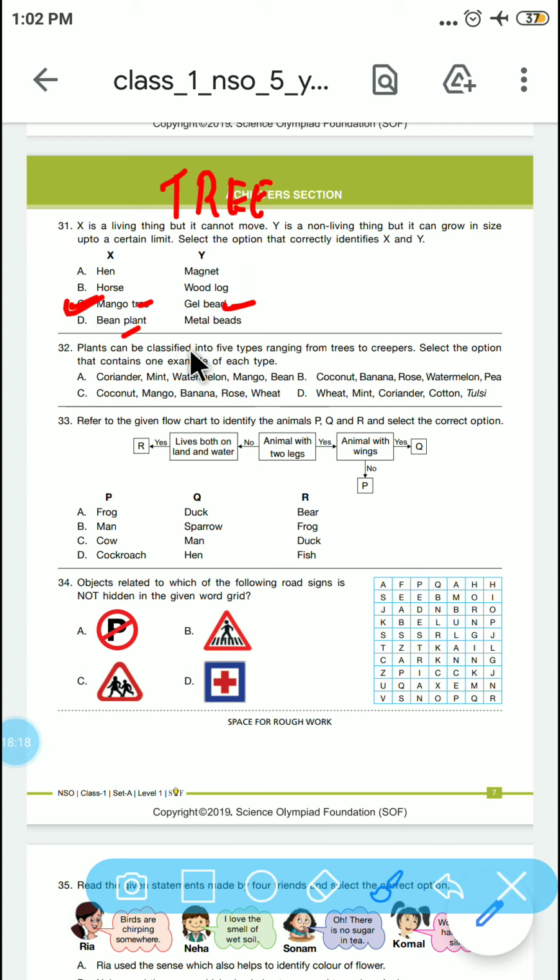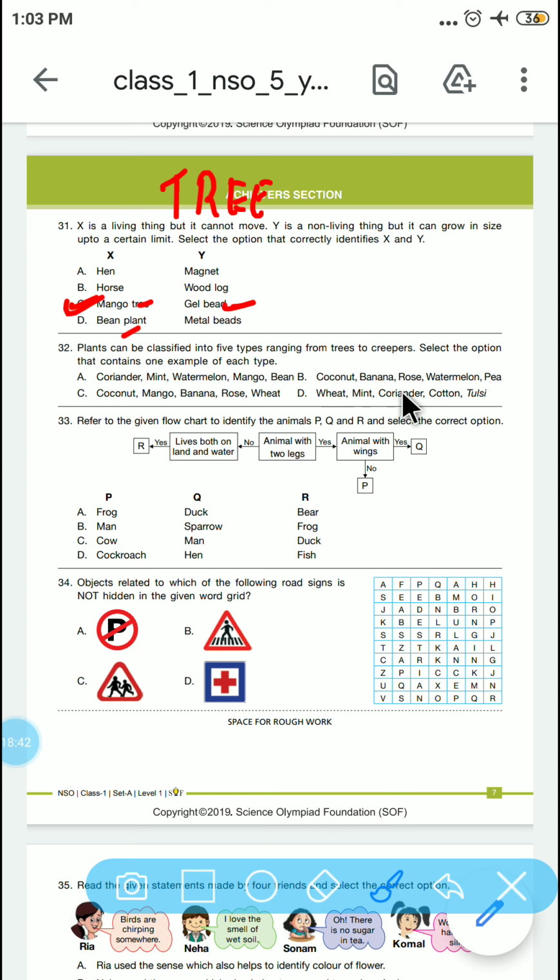Question number 32. Plants can be classified into 5 types ranging from trees to creepers. Select the option that contains one example of each type. Okay, let's see which of the following matches. Without wasting any further time, let's see: coriander, mint, watermelon, mango and bean.